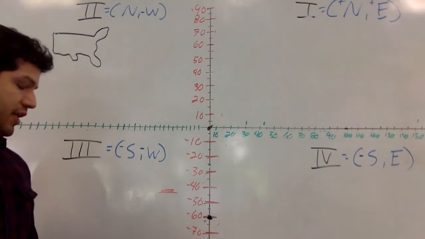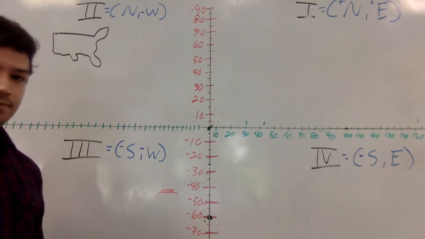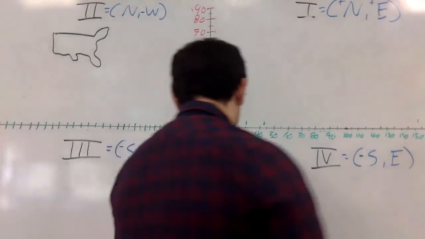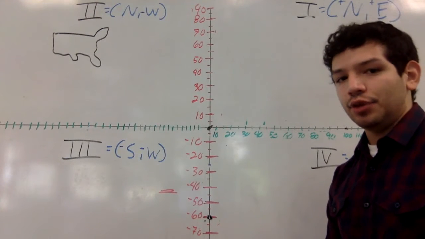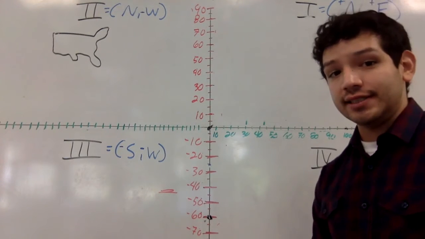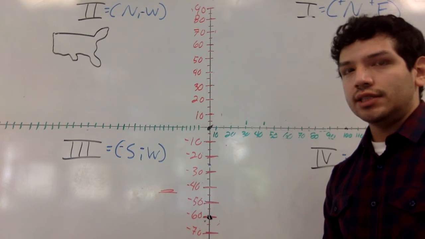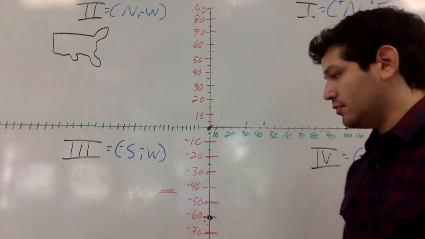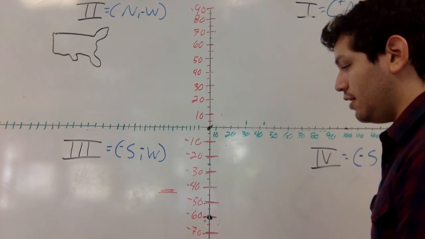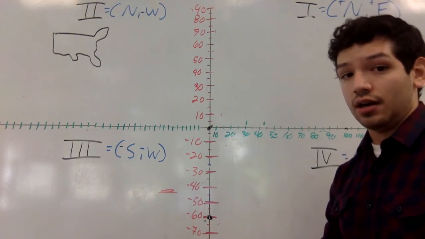All right, so I've already drawn this dot right here, because I want to go over the whole thing about the 0. What do I do when it is a 0? The first thing we have to know is, is it the latitude or the longitude that is 0? We need to figure out which number the point is on.